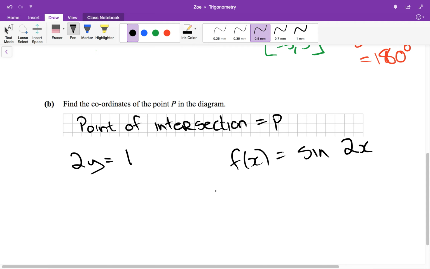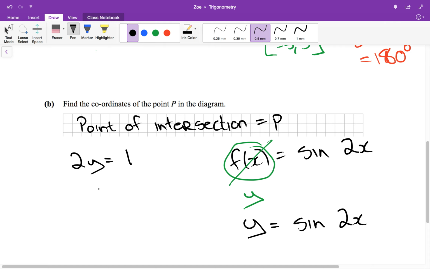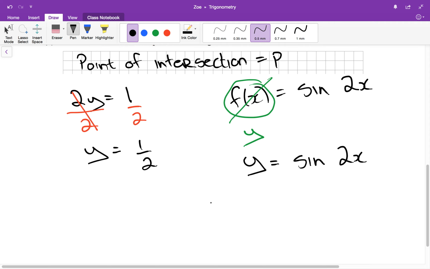Okay, so f of x or g of x or h of x or any of those can always be taken out and written as y. So we can rewrite this as y equals sine 2x, and we can also reorganize this so that we have y equals a half.